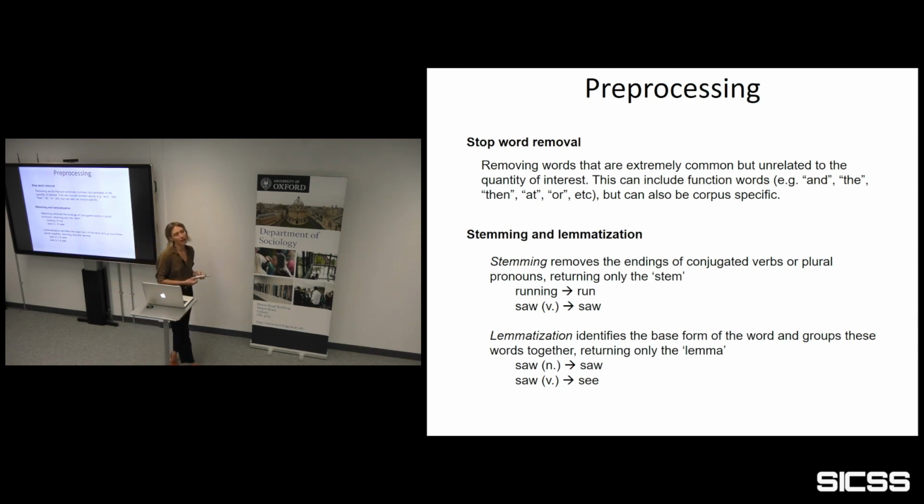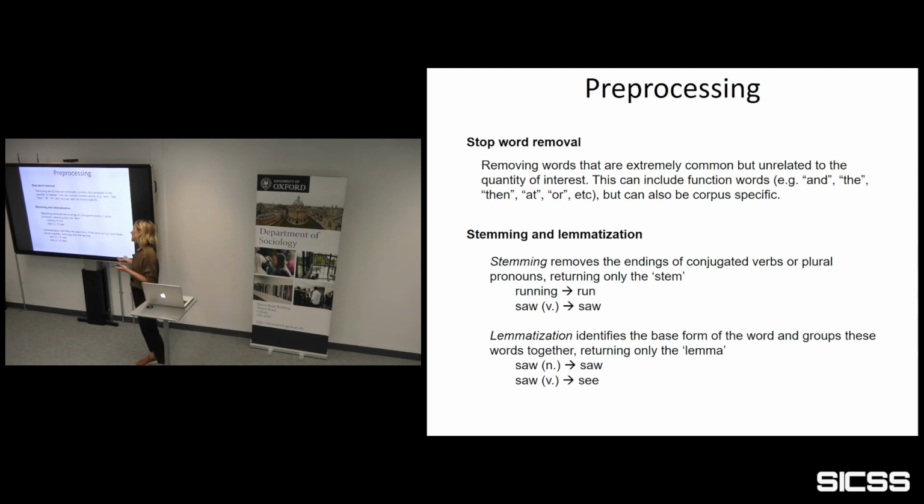Maybe when you're looking at some sort of religious text, you really don't care about a certain religious object. You just want that removed because you don't want to analyze that over and over again, or specific names that you want removed. You can add those to your dictionary of stop words and remove them, and when we do our tutorial a little bit later, we'll see how to programmatically remove stop words.